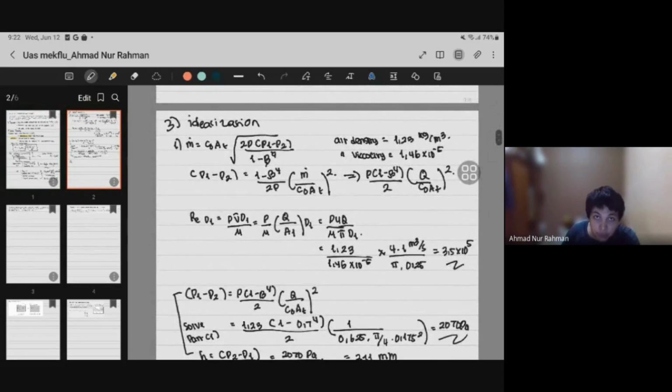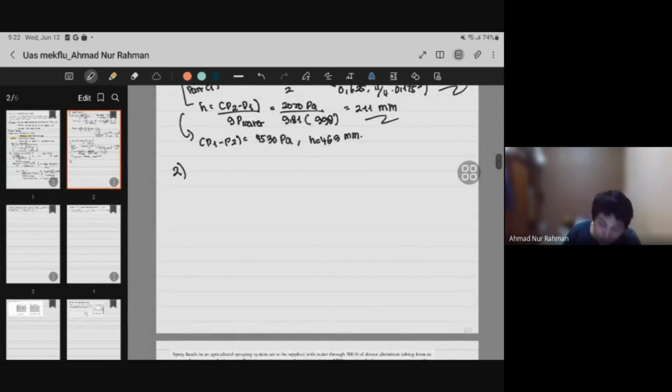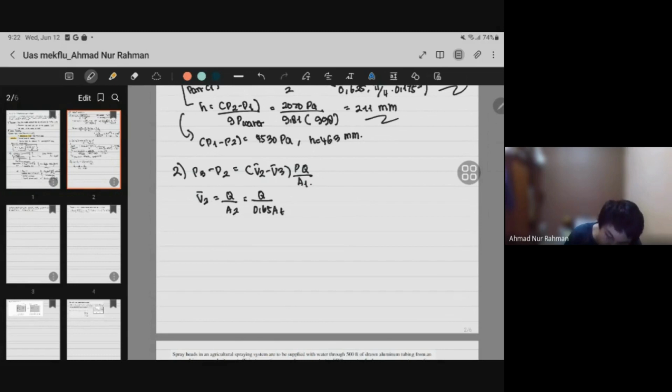Because we need to find V2, we write P3 minus P2 equals rho over 2 times V2 squared minus V3 squared. To find V2, V2 equals Q over A2, which is Q over 0.65 At, because At is 0.65 A1, the given data from above.